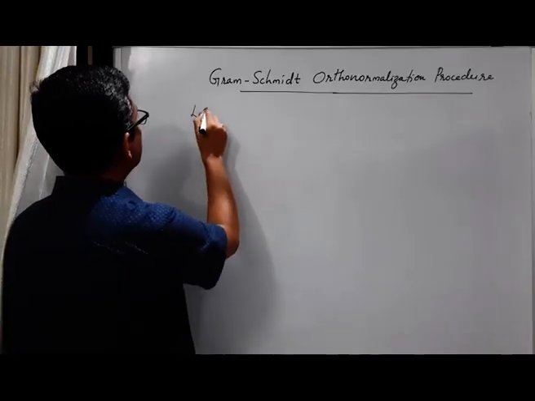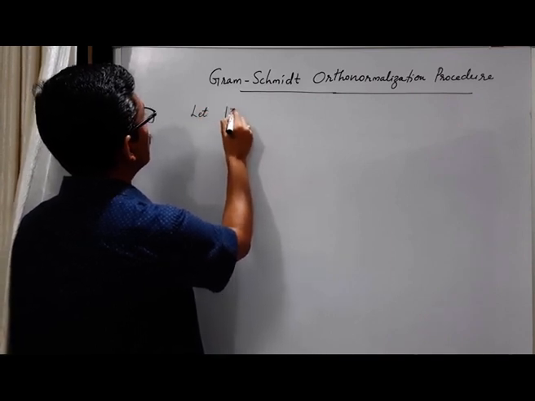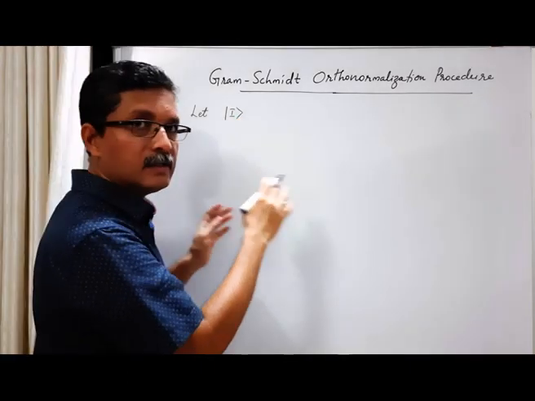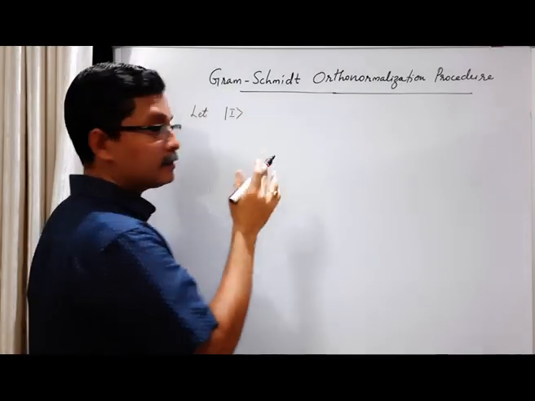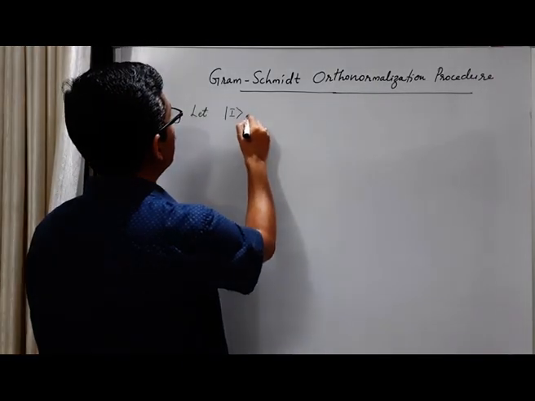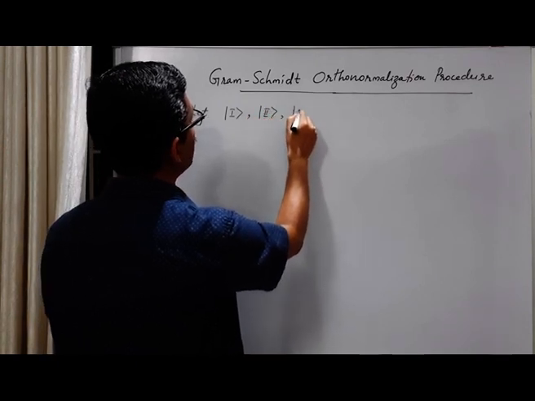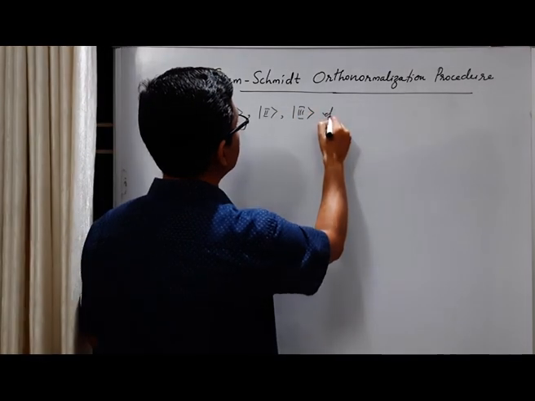Let ket 1, I am using Roman numerals for these linearly independent vectors which are not orthonormal yet. So let ket 1, ket 2, ket 3, all Roman numerals, etc.